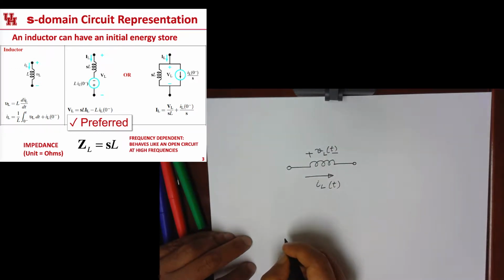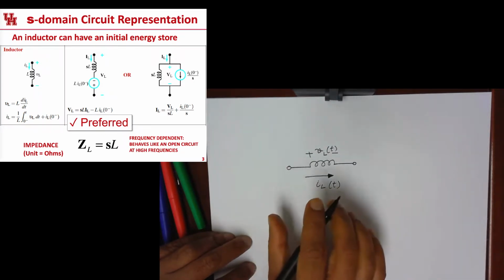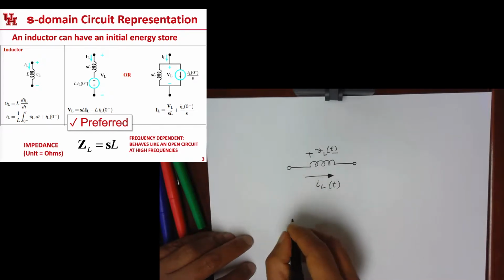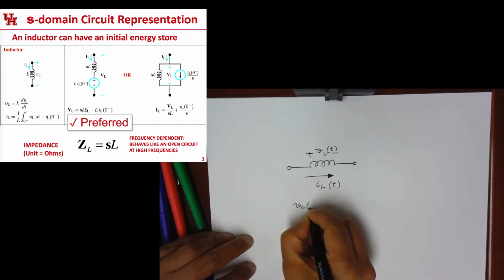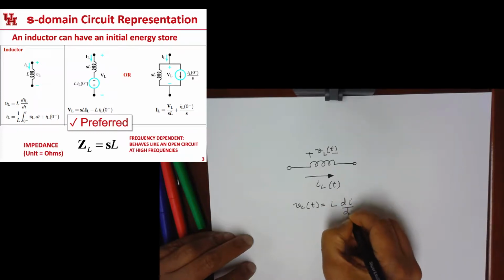What's possible is that there could be some initial current flowing through it. So the basic governing equation for an inductor is V_L of t is L di over dt.